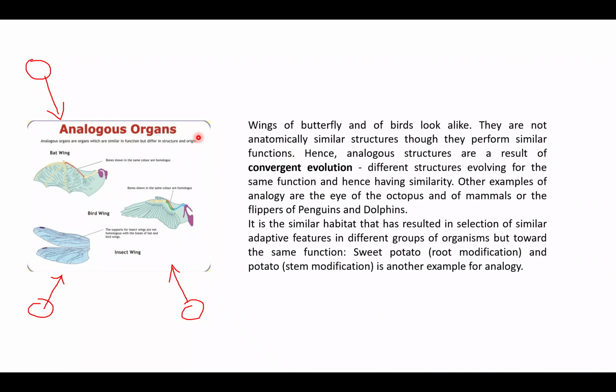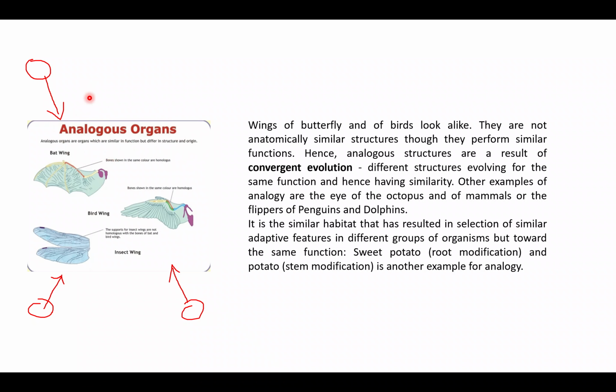That is why it is called an analogous organ. So remember this, they are different structures evolving for the same function and hence having similarity. Since they are converging to one point, it is called analogous organ or convergent evolution.